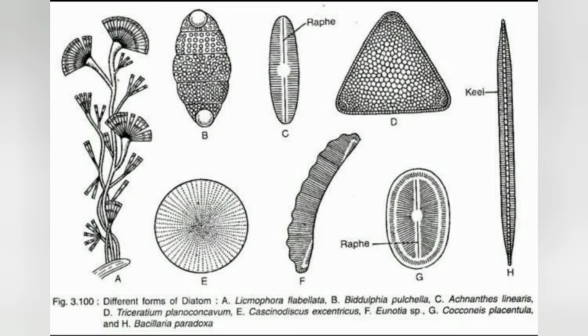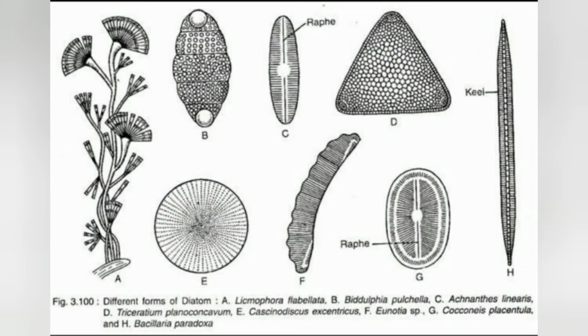And these diatoms play a very important role, particularly in the aquatic vegetation of the world, forming an important part of the plankton, which is the basic food of aquatic fauna. Now, coming to the various structures of diatoms.